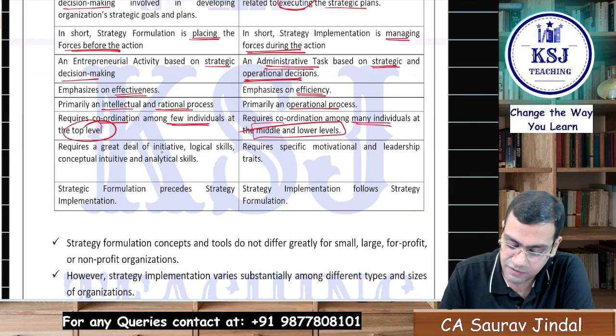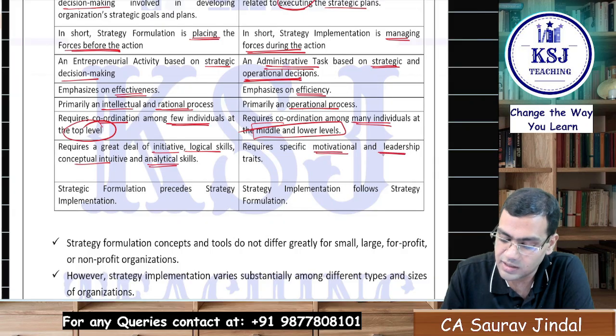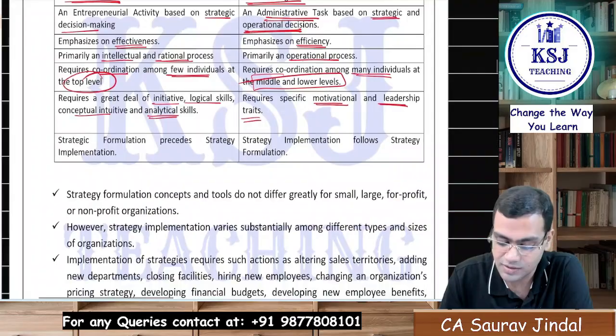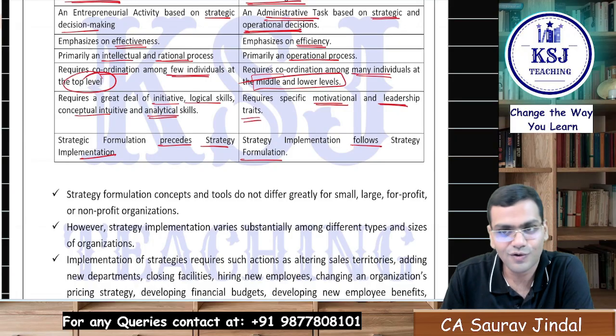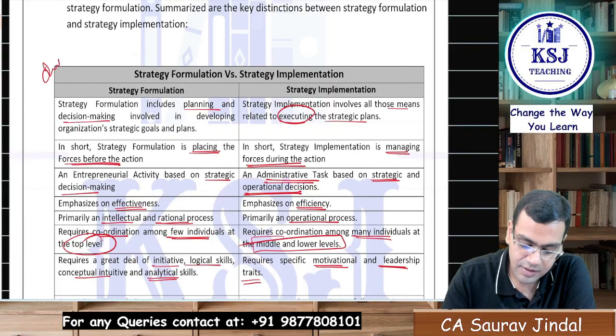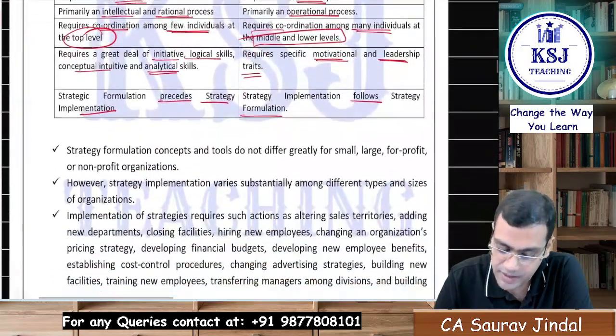Formulation requires a great deal of initiative, logical skills, conceptual intuitive powers and analytical skills. Implementation requires the motivational and leadership traits to get things done in the right way. That is the most important thing, right? Strategic formulation precedes implementation. Implementation follows strategic formulation. That is simple, right? So this is important, the difference between formulation and implementation.